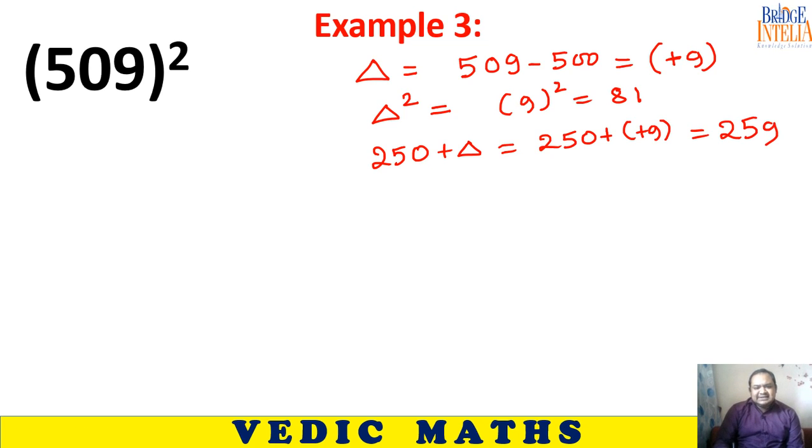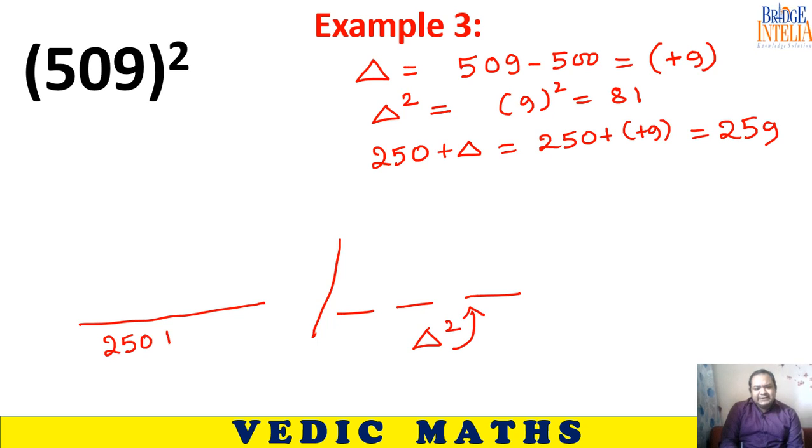So what is the answer? The answer is in two parts. Here there are 3 blank spaces and you have to write delta square here. Here there is one single blank space, and in this blank space you have to write 250 plus delta. Delta square is 81, so how will we write 81 as 3 digits? We write it as 081.